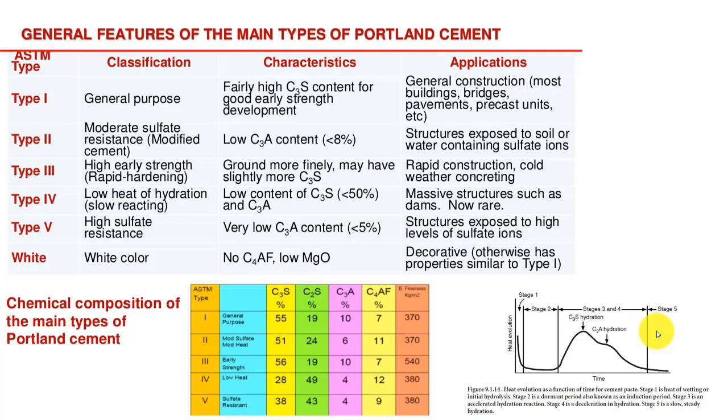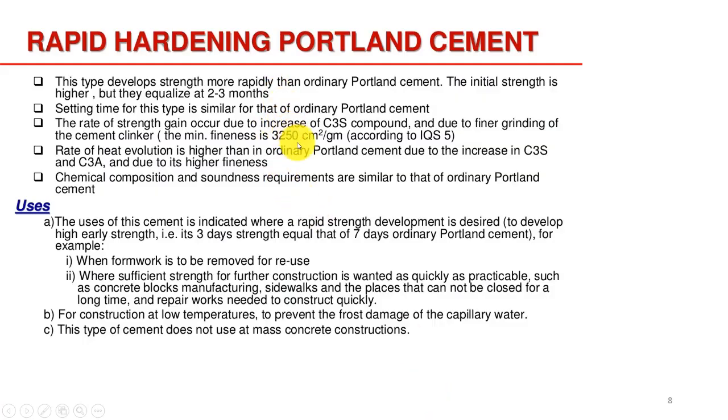Like you have a 28-day compressive strength of a concrete, and at higher ages, it would contribute toward stage 5. So rapid hardening cement contains a very higher surface area and a very minute particle size as compared to the OPC.